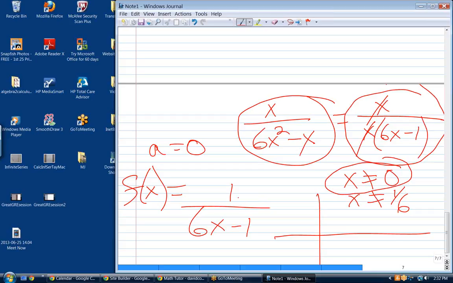So I know that there is a vertical asymptote at 1/6, and this thing probably graphs something like that. And it's still going to have a hole at 0, right there.